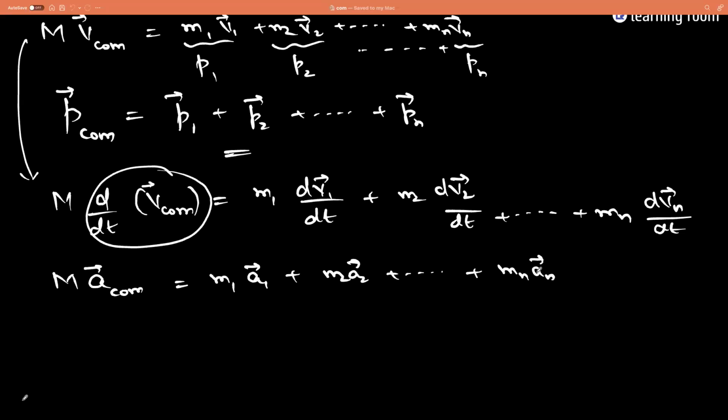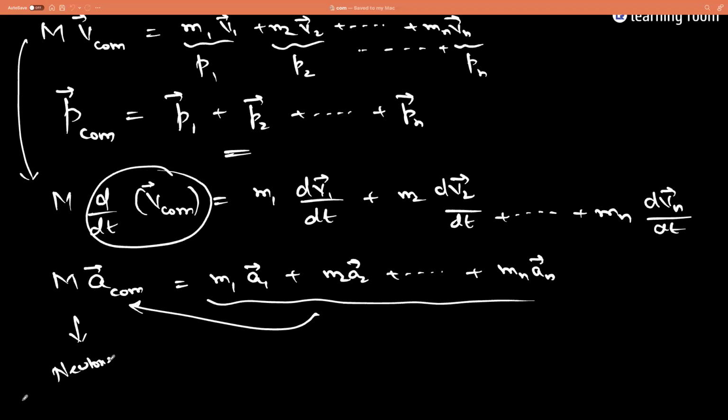That is why I told you, when you take a block, the block is made up of n number of particles. If you take the mass of each particle and multiply it with its acceleration, the sum of all those values will give you the total mass of the object times the acceleration of the center of mass. If you observe, this is Newton's second law.